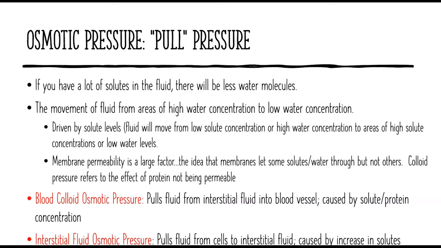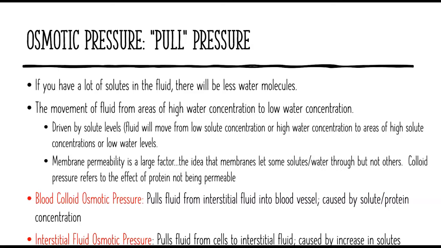And so by looking at the amount of proteins and the amount of solutes present in any given fluid, we can determine what direction the water is going to get pulled.